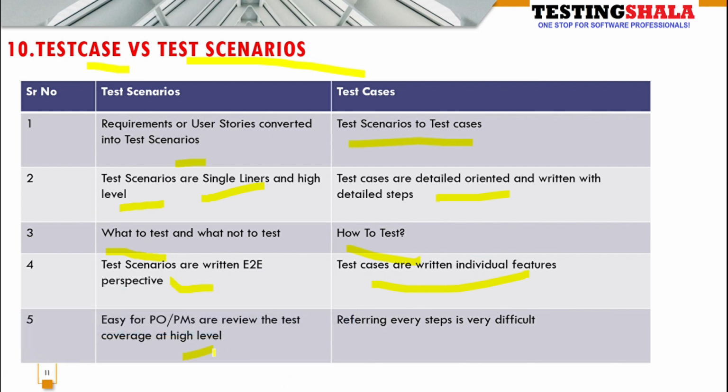The fifth difference is that test scenarios provide an easy view for the product owner and product management to review the test coverage at a higher level, because the time and effort required to review test cases in detail is not available. If you provide test scenarios that are very high level, with minimal time the POs and PMs can review them and provide their sign-offs.